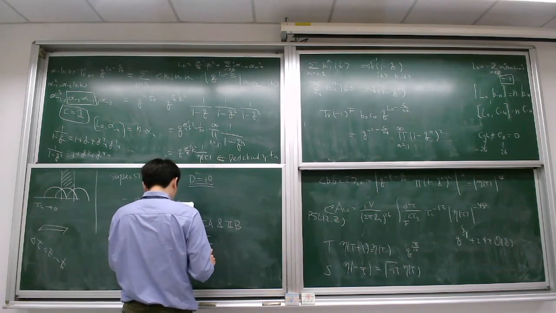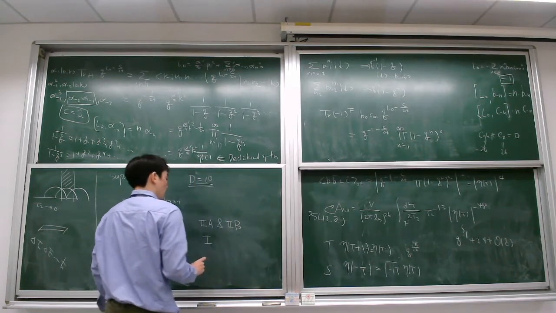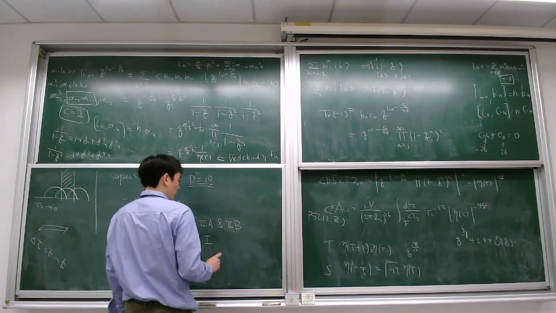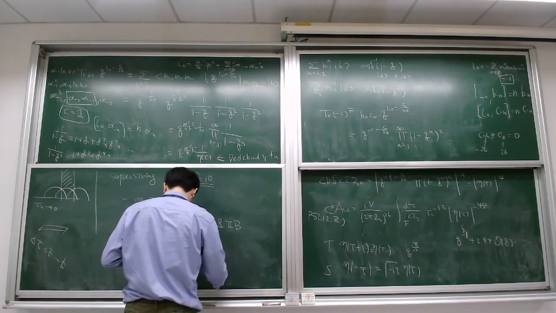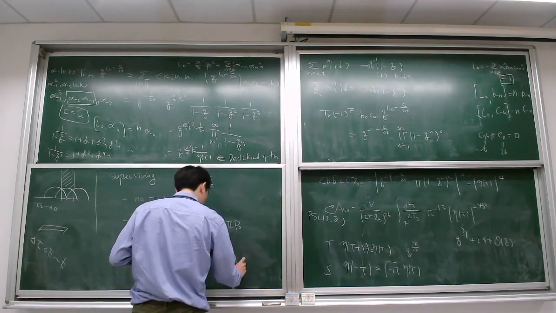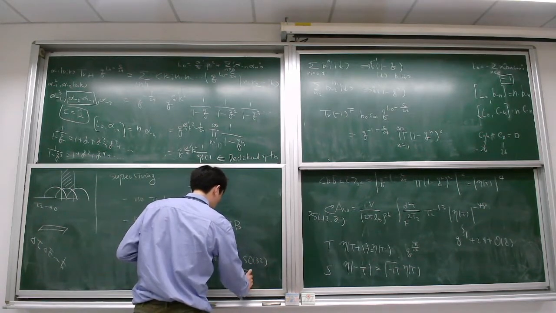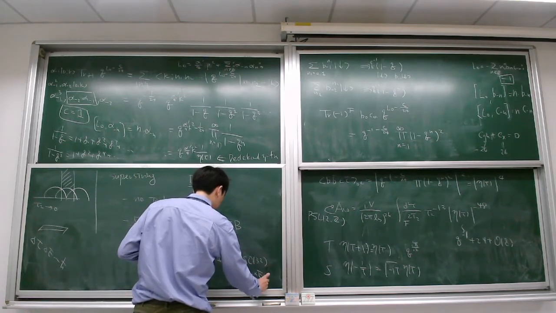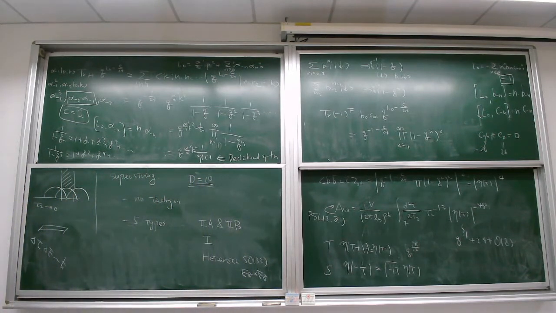And then heterotic SO32, and also E8 cross E8. There are 5 types of string theory, so we will consider them step by step.